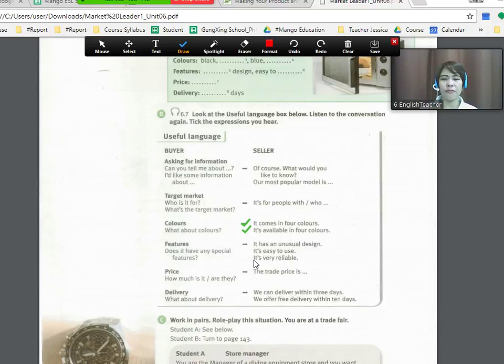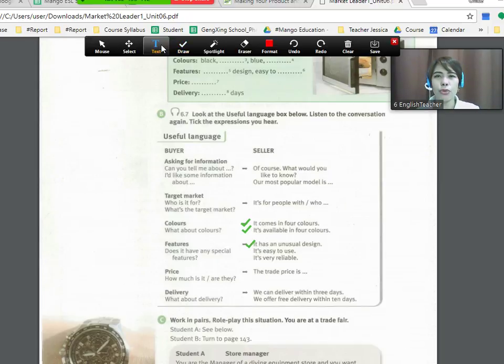Okay, now let's try to go to features. The question for features is, does it have any special features? Features, as we've discussed earlier, is about specifications or specs. So the possible answers for this one is, it's an unusual design. Okay, unusual meaning not ordinary, not usual.